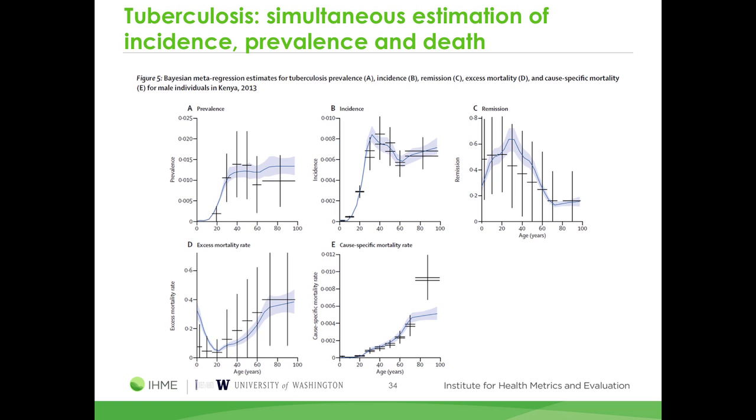Those aren't measured in Kenya; they come from a global review of all the data on remission, and that's why the uncertainty intervals are very wide. The same for the excess mortality rate, and then we have verbal autopsy-based estimates of cause of death. And the blue line is the internally consistent estimate of all the parameters at once in this Bayesian meta-regression environment. And that's what we've used for estimating the epidemic.